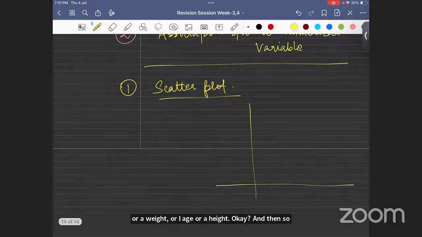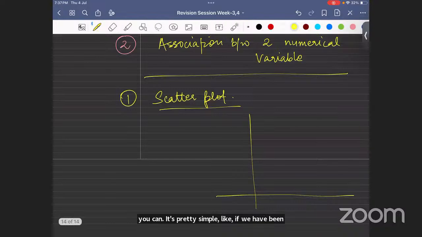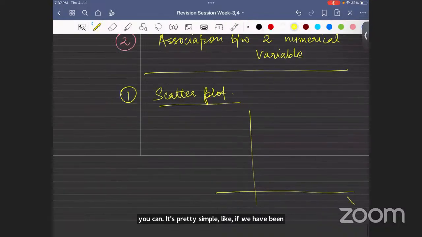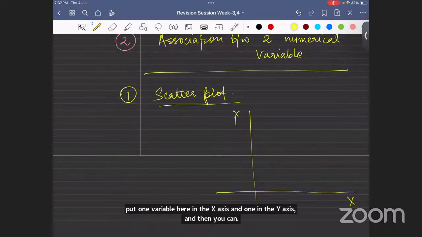If you have been given two different numerical variables, you just put one variable on the x-axis and one on the y-axis, and then plot those two variables.